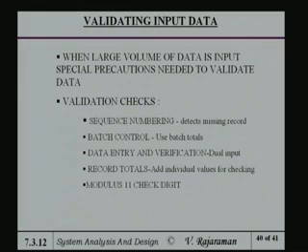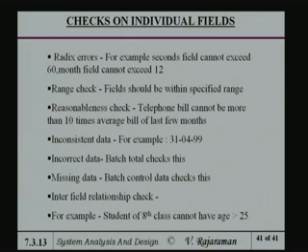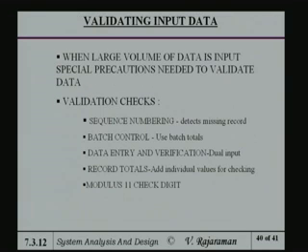So there are other validating checks which are there, and when large volumes of data are input, you have certain checks called sequence numbering, batch control, data entry and verification, record total, and modulus 11 check digit. And I think I have to explain each one of them in much greater detail.